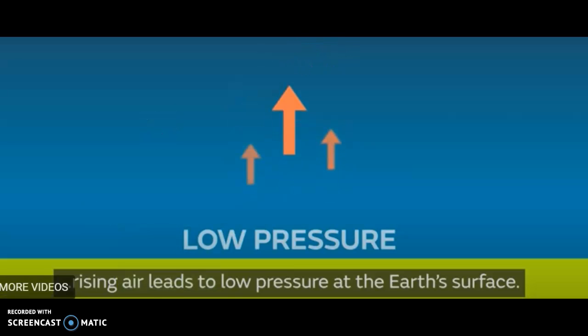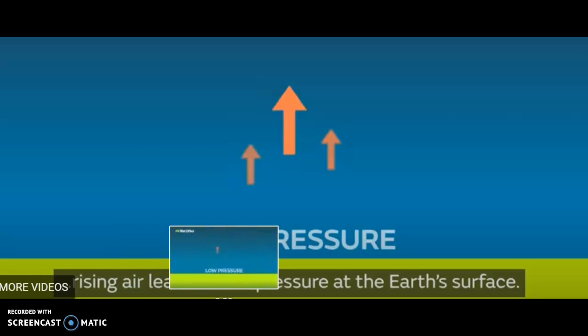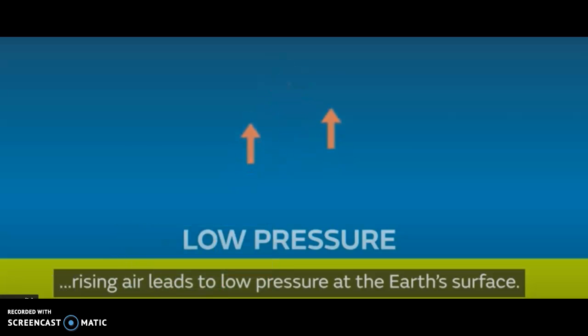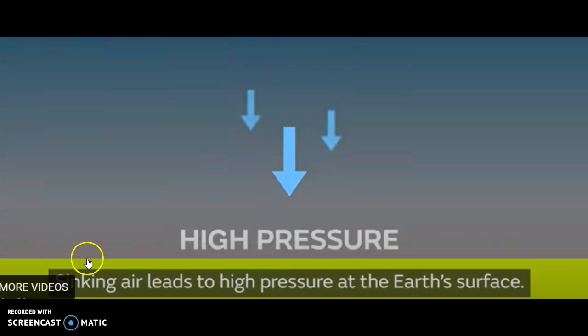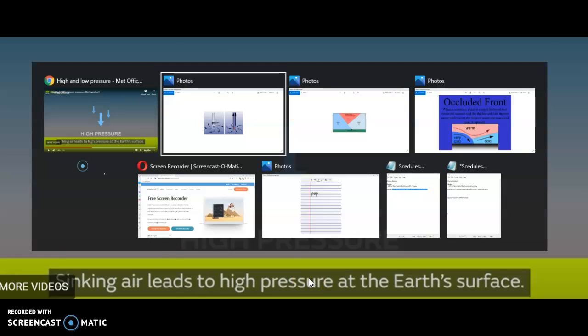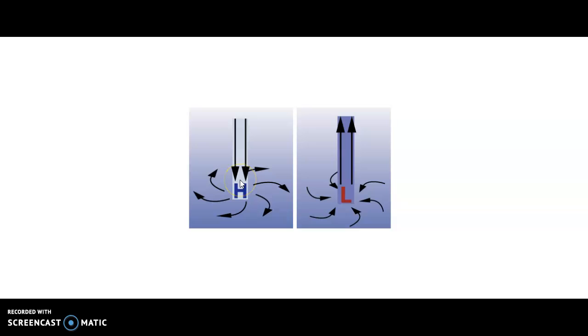And then high pressure is the opposite. High pressure is when the wind is being pushed down to the Earth's surface, and that's when we get sunny, more stable weather. And again, the symbol is an H for high pressure and L for low pressure.